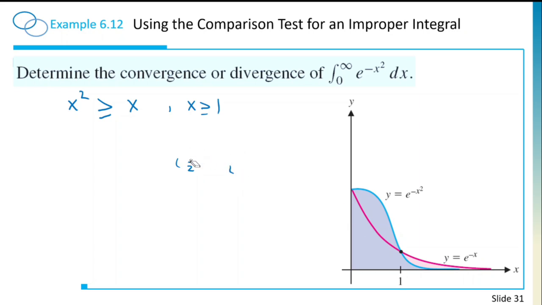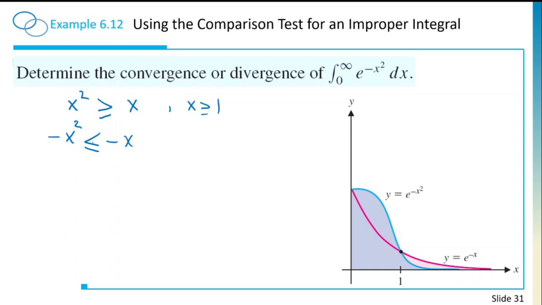Now, I need negative. There's a negative sign. What will happen if I take the negative sign? It's just like you multiplied an inequality by a negative. So what will happen in that case? You will flip the inequality sign: negative x squared is less than negative x. Remember the cases where you switch the inequality sign.